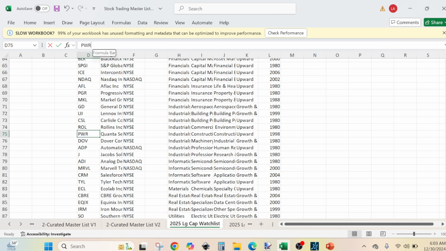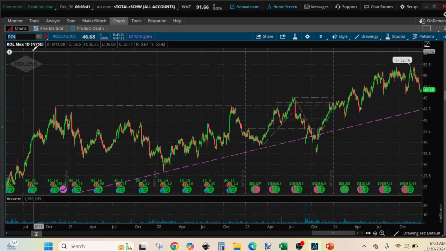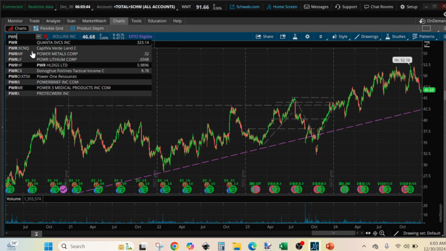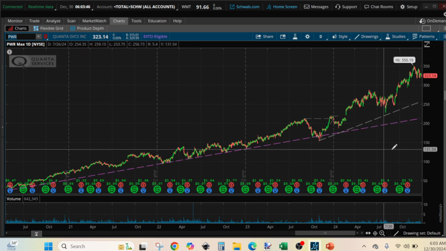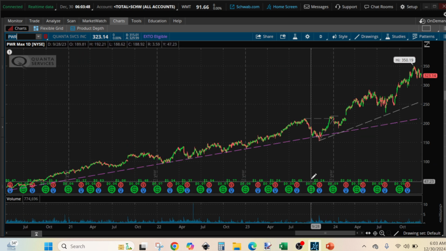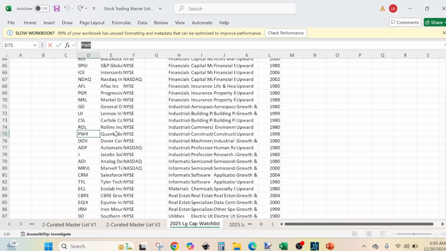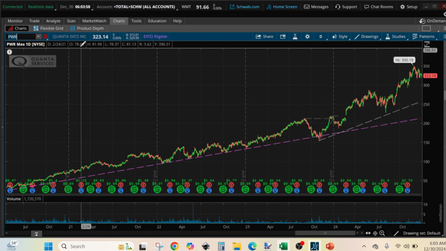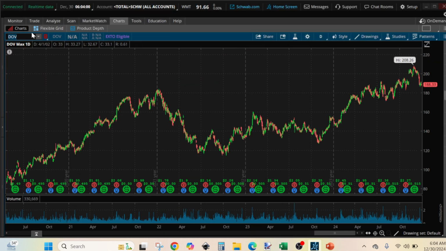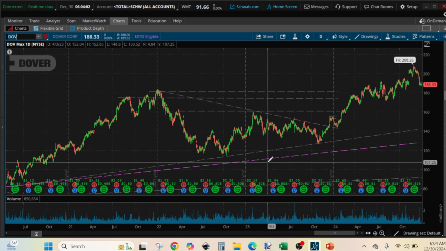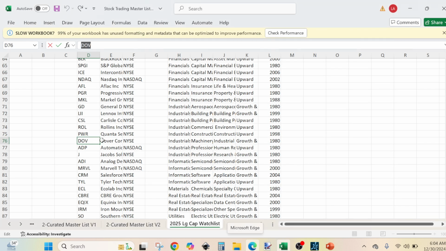PWR. Okay, not close to the trend line yet. DOV. Okay, not close to the trend line yet. ADP.